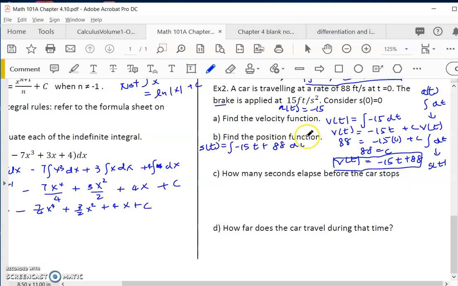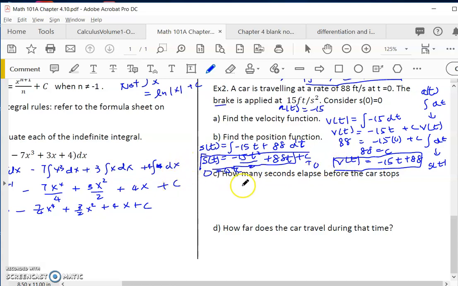These are just power rule, so it will be negative 15t squared over 2 plus 88t plus c. Again, I need to solve for the constant. Oh, but my s of 0 equals 0, so 0 equals 0 plus c. So c is actually 0. So this is the position function, just this, because c is 0.